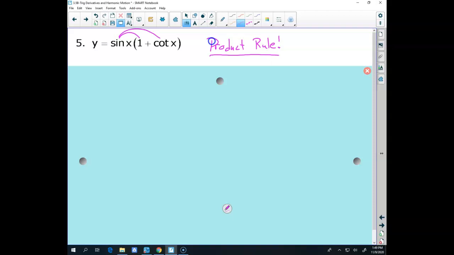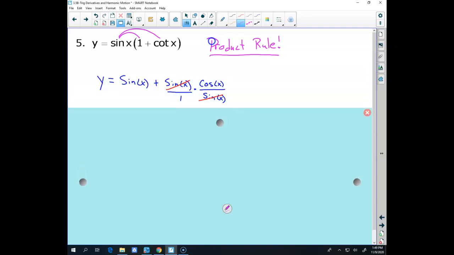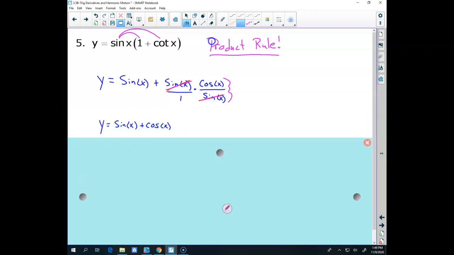You got to keep these trig identities in the back of your mind. You got to remember, this one just might simplify. If I distribute that sine, I have the sine times the cotangent here as a cosine over a sine. Look at that. My sines cancel out. So really, I can simplify this function to y equals sine x plus cosine x.